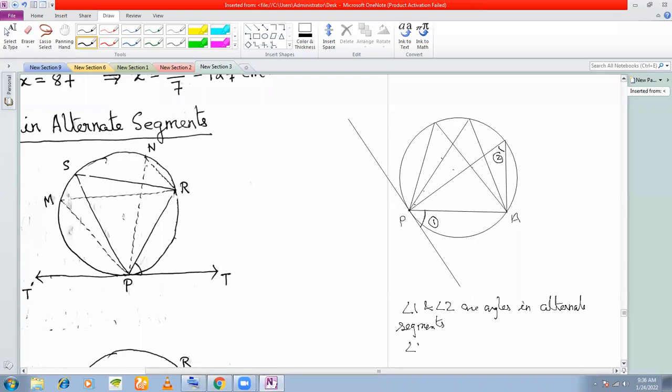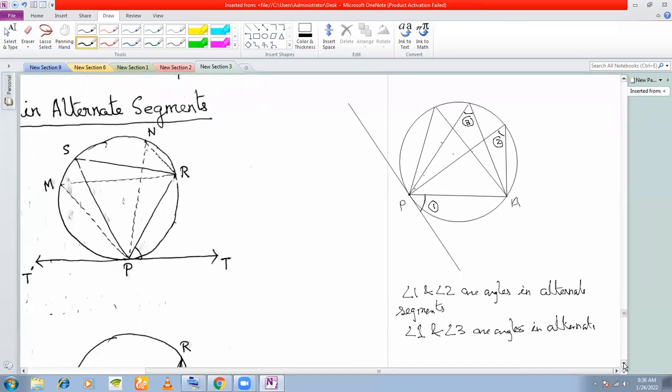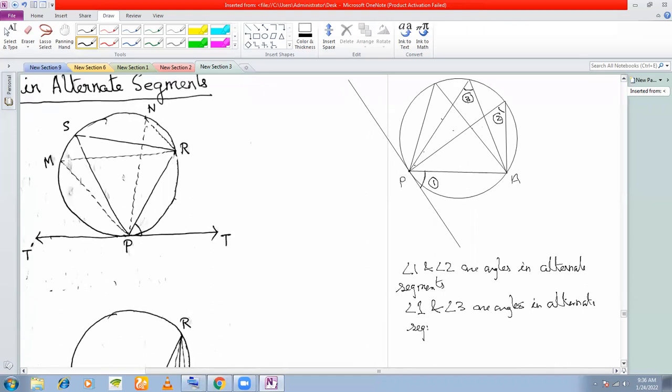Angle 1, and also, if I call this angle 3, angle 3 are angles in alternate segments. All these pairs are angles in alternate segments. Also, if I have this angle as angle number 4, then angle 1 and angle 4 are angles in alternate segments.